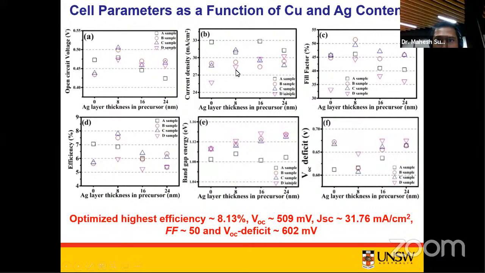The trend of the efficiency in sample A, which has a relatively high copper content, shows a steady decrease with increase in the Ag thickness. You can clearly see this from the graph.